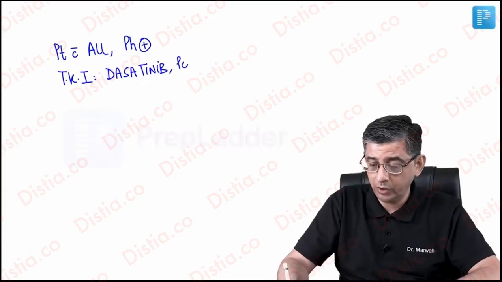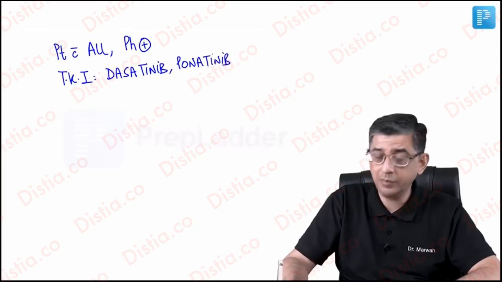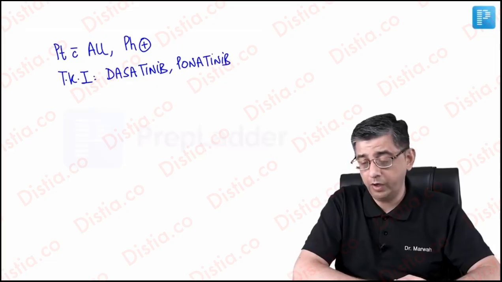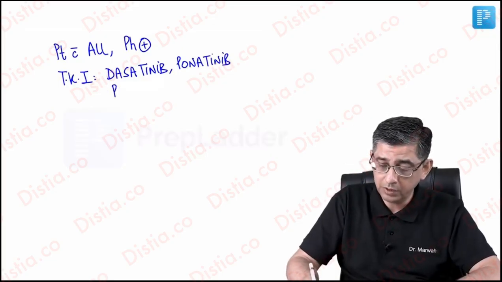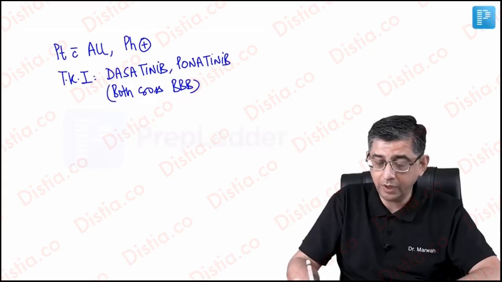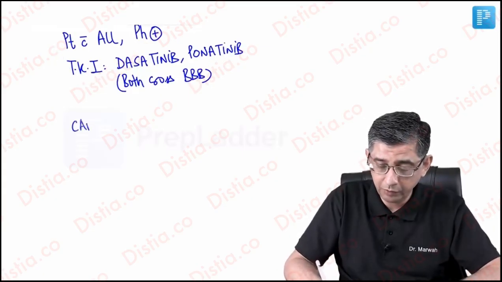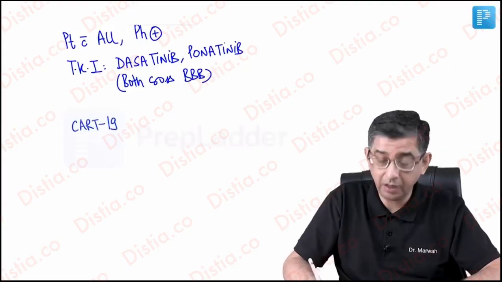Another one is ponatinib. So, do not casually answer imatinib, as a couple of people have a habit of answering, and both of these are recommended. Why? Because they can cross the blood-brain barrier also, because I need to treat the CNS leukemia component also.